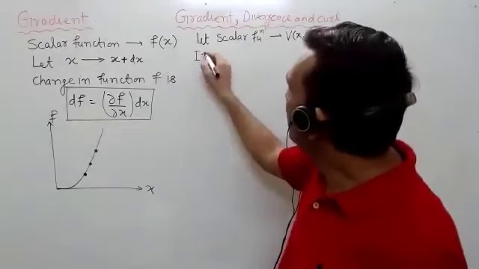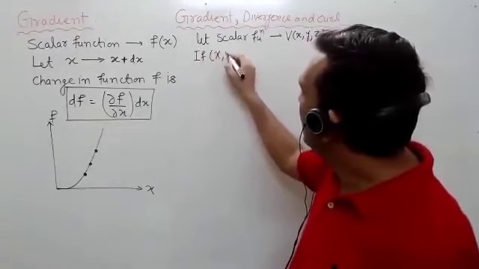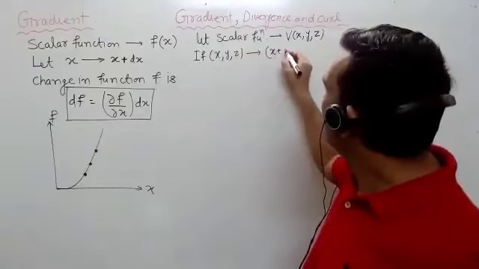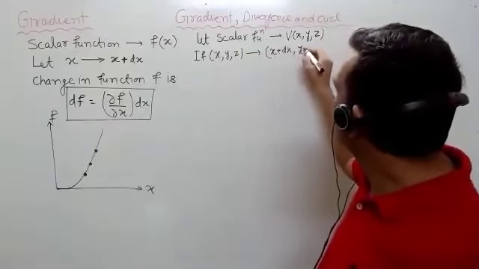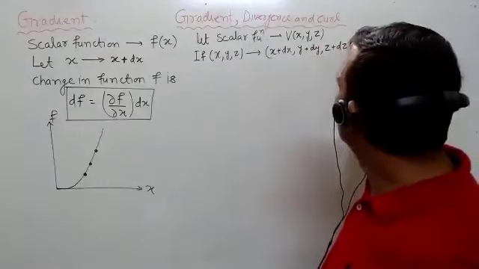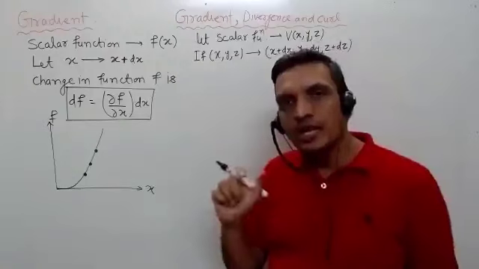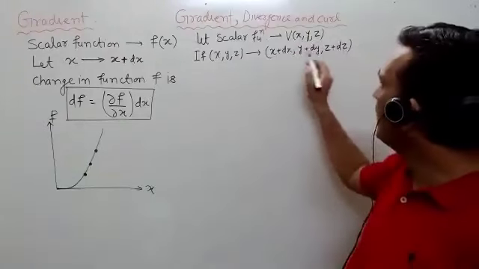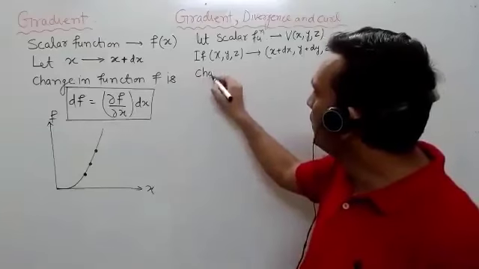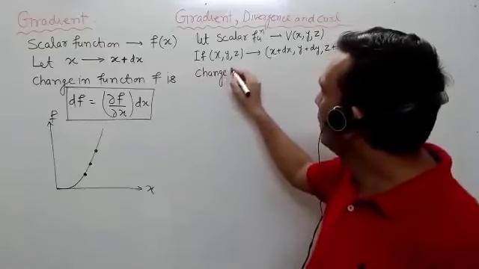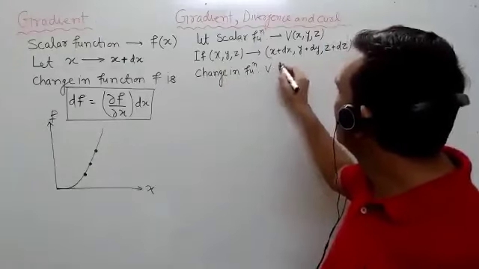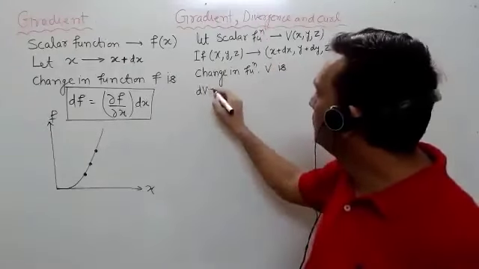Now what will happen if you change x, y, z by dx, dy, and dz? Again you have to see the change in the function. The change in function v is dv.